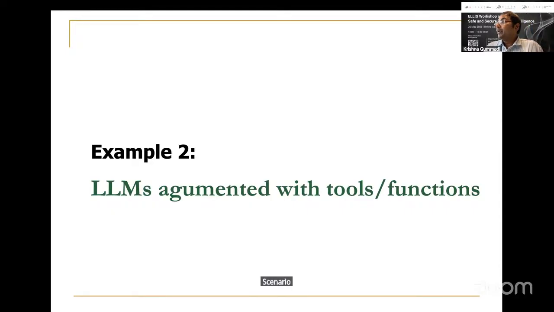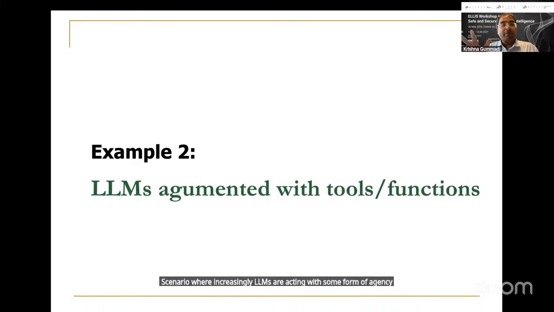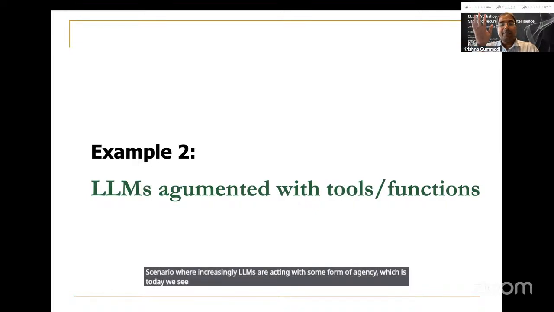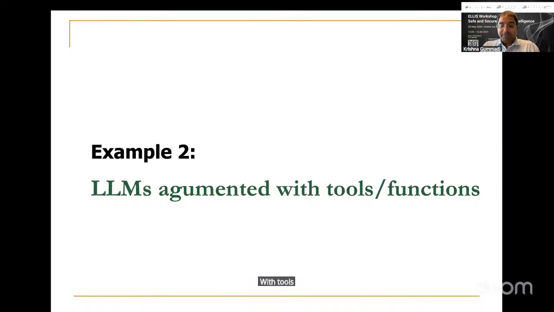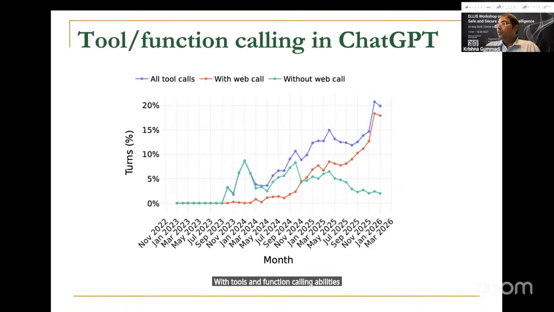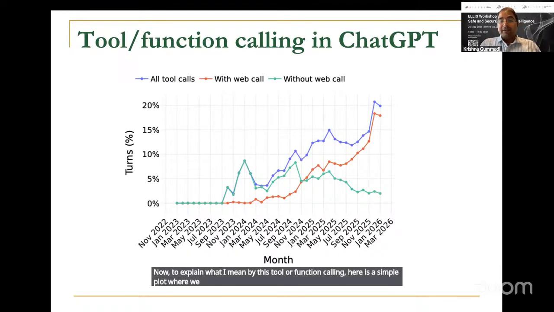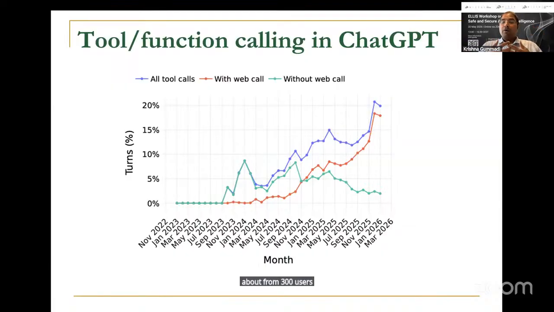Scenario where increasingly LLMs are acting with some form of agency. Today we see LLMs are increasingly being augmented with tools and function calling abilities. Now, to explain what I mean by tool or function calling, here is a simple plot where we looked at data we gathered from 300 users about their conversations with ChatGPT.